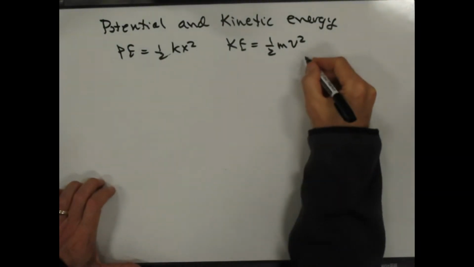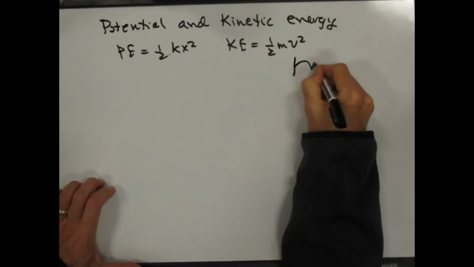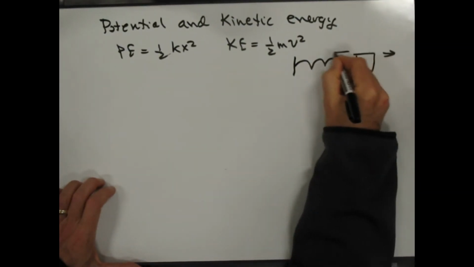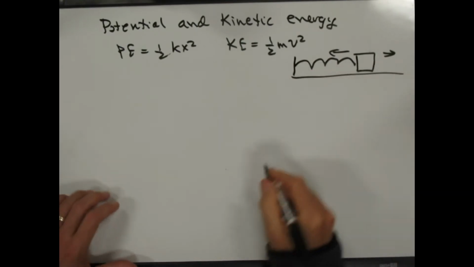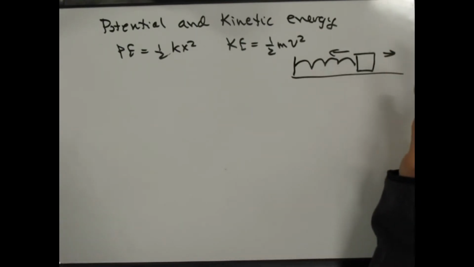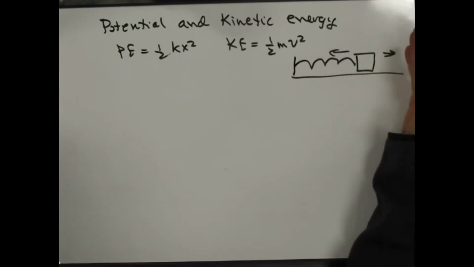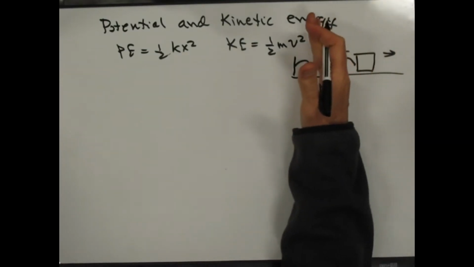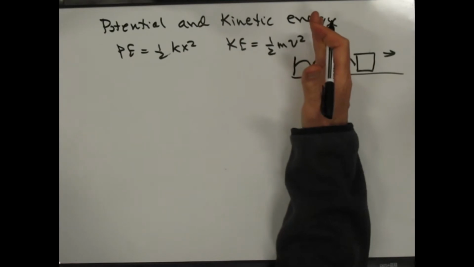So once again, I have this spring, and it's oscillating back and forth like this. If you imagine it going back and forth, it goes to the right and stretches out to its maximum. It stops. It changes direction as it goes in. It stretches in as far as it can, maximum, and so on.